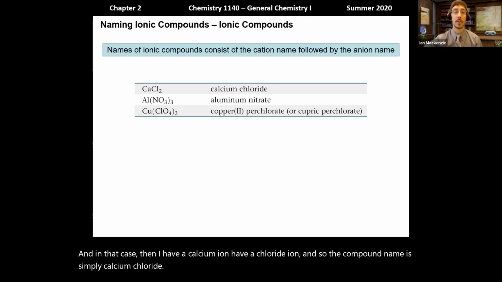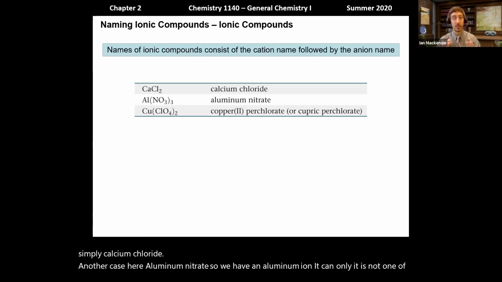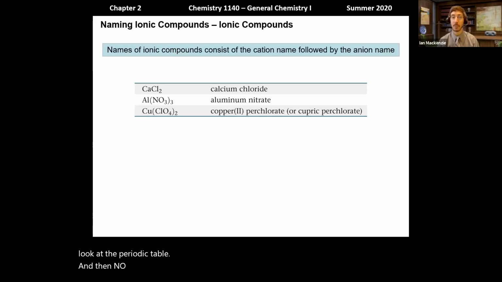Another case here, aluminum nitrate. So we have an aluminum ion. It's not one of the transition metals, so it only forms one cationic charge. That happens to be +3 if we look at the periodic table. And then NO3 would be the nitrate ion. We can look back at our list of polyatomic anions, so that's a nitrate.